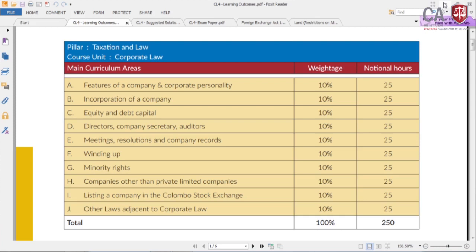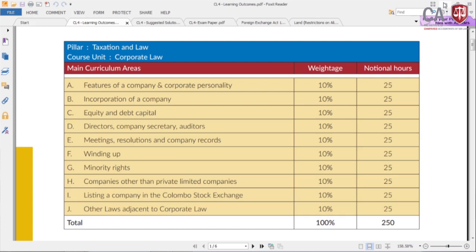Now, these are the areas that you are going to get your questions from. Firstly, the features of a company and corporate personality. You are getting 10% of the weight of the entire question paper, and you have to allocate about 25 hours during the entire lecture series for the year leading up to this subject.